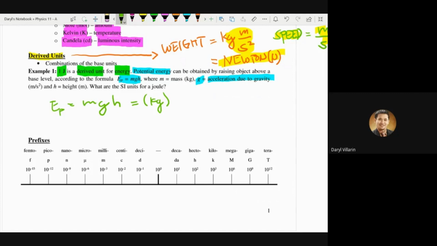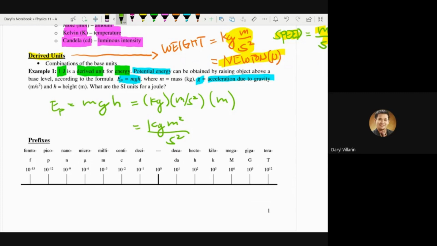Again, because of the word acceleration, the unit of acceleration is meters per second squared. And then height is in meter. If you multiply everything, you'll get a unit of kilogram meter squared all over second squared.